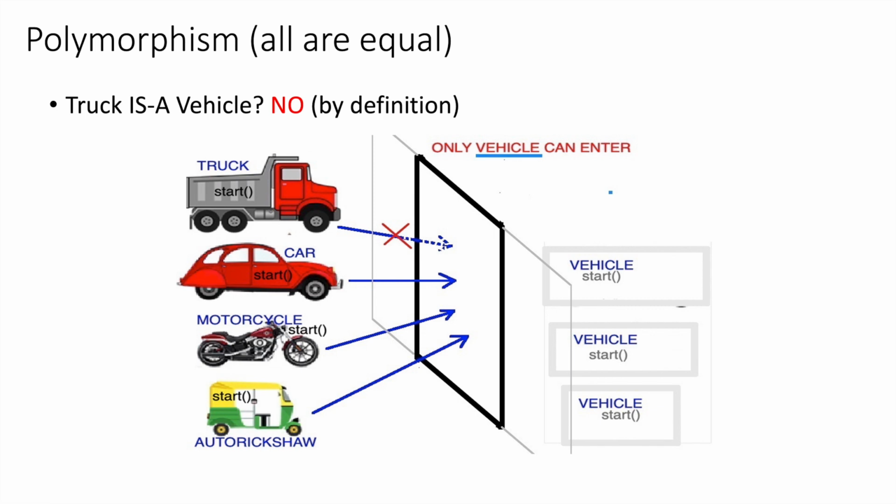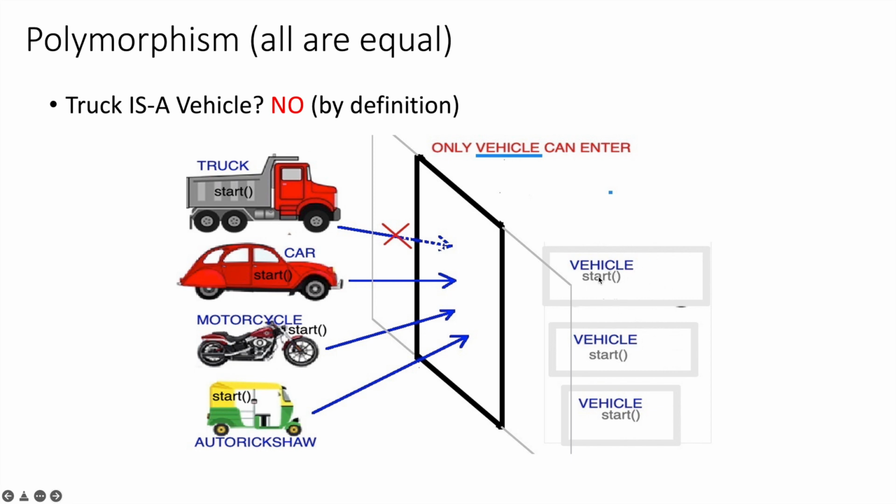Even though the person might be a minister outside the gate, inside the gate the minister is going to have all the privileges of a social worker. Similarly, when these vehicles enter through this gate, they are going to appear as a black box called a vehicle.